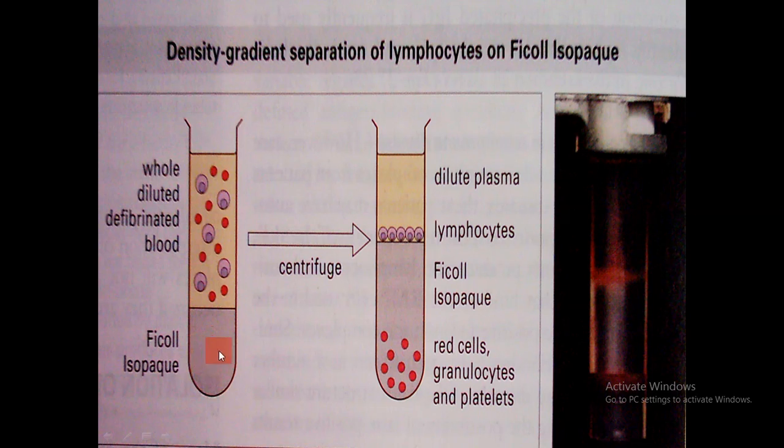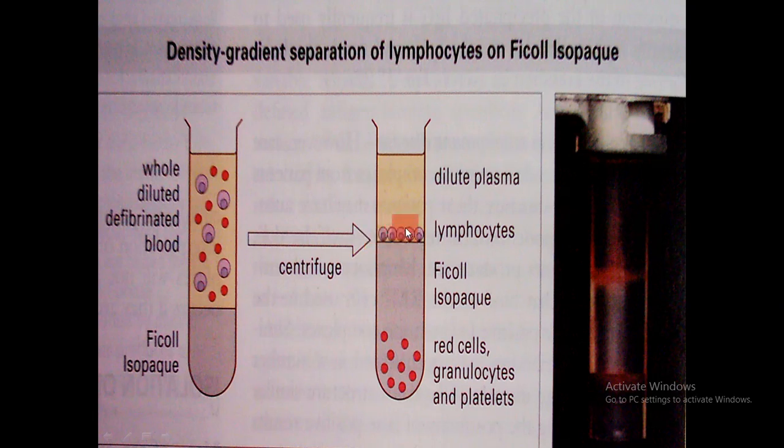And here the Ficoll is at the bottom of the test tube, and we add to it diluted defibrinated blood, and then centrifugation. Then we separate into 4 layers: the RBCs, granulocytes, and platelets at the bottom, and then the Ficoll, then the lymphocytes, and then diluted plasma.